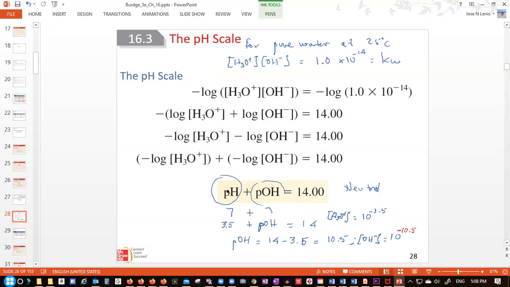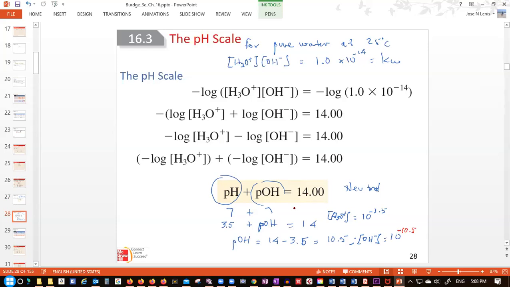So this is the balance I was talking about before for the neutral solution. If the concentration of OH goes up, the other one goes down. If the pH goes up, the pOH goes down. Always pH plus pOH of the same solution equals 14.